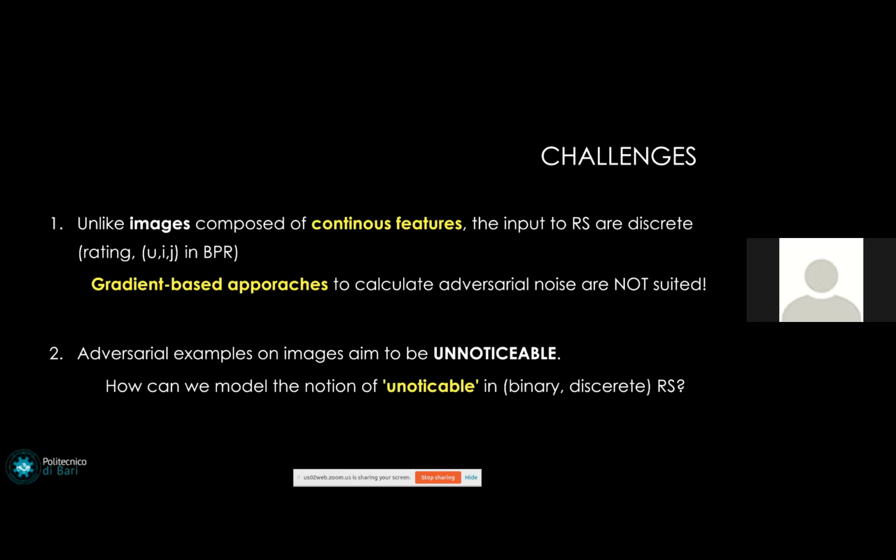The second thing is, how can we model the notion of unnoticeable? Because in the image domain, one of the ideas of creating these attacks is that they remain hidden from the point of view of the viewer, the user or the designer. But what does the notion of unnoticeable mean for a recommender system, where you have at the end of the day a bunch of data?